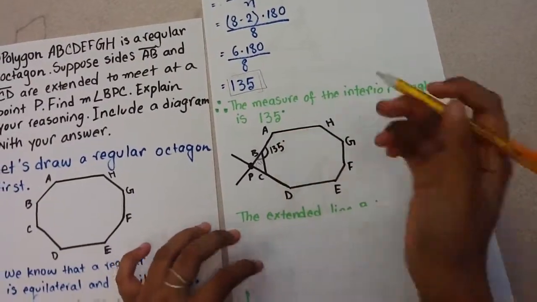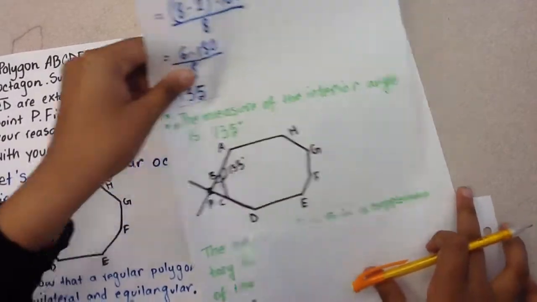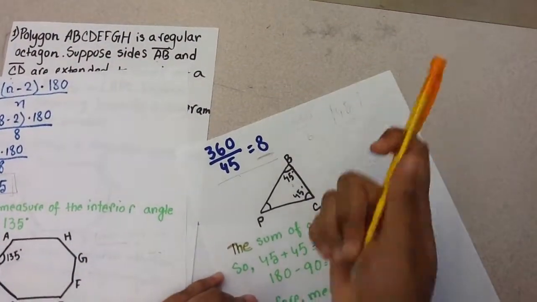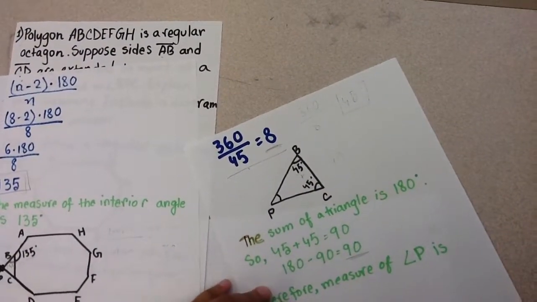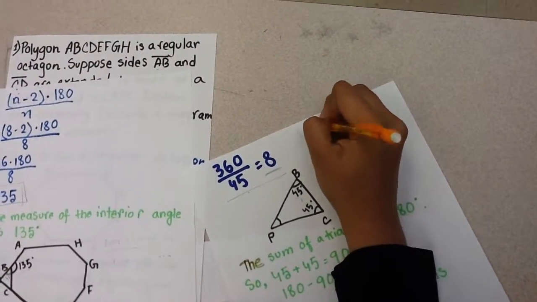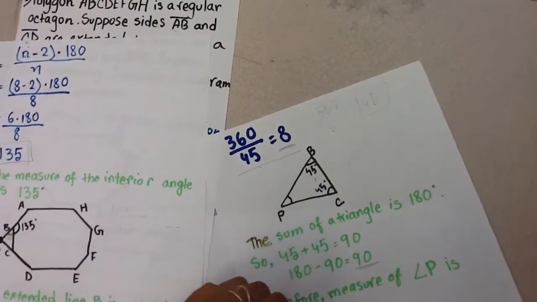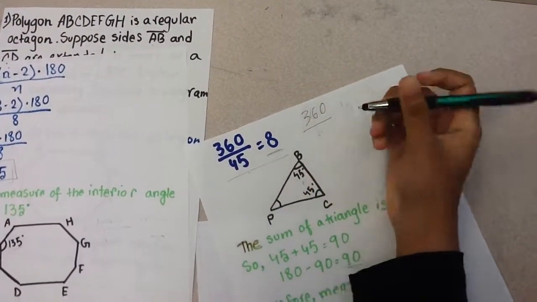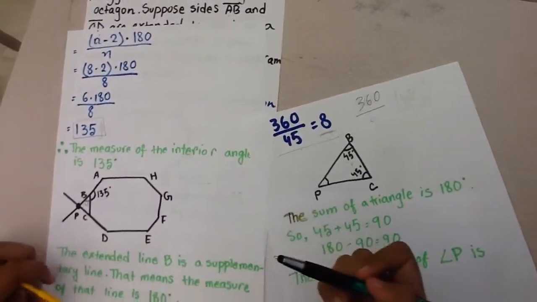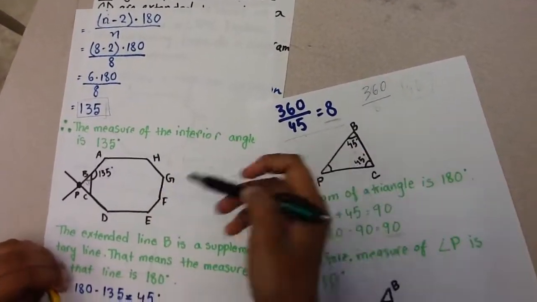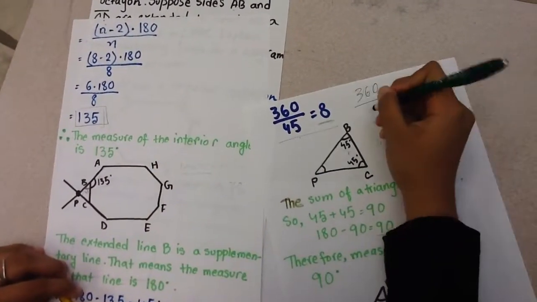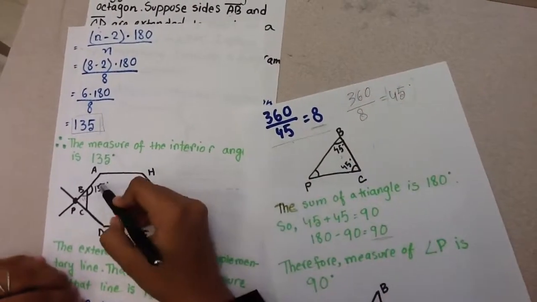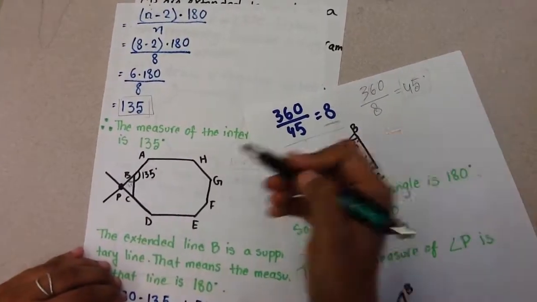So we can use this equation: 360, which is the sum of the exterior angles, divided by 8, since there are 8 sides, and we get 45 degrees. So that means each exterior angle has a measure of 45 degrees.